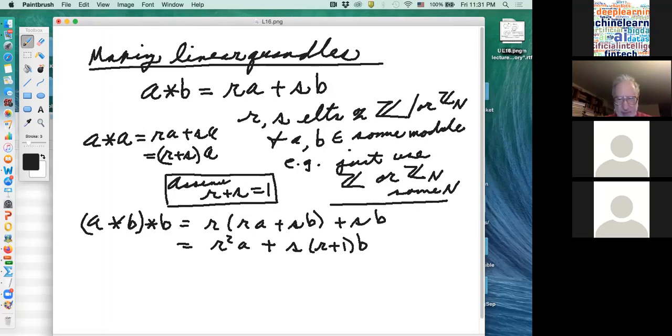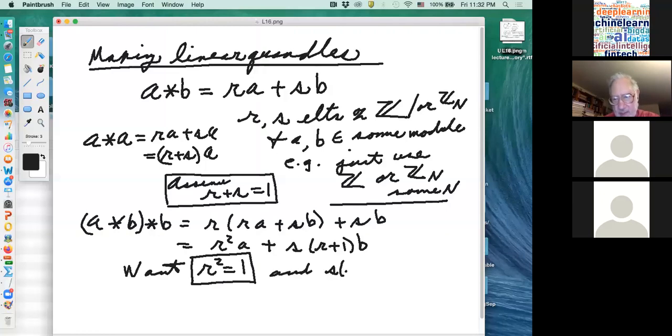RS plus S. Yes. So we want R squared equal to 1 and S times R plus 1 equal to 0.